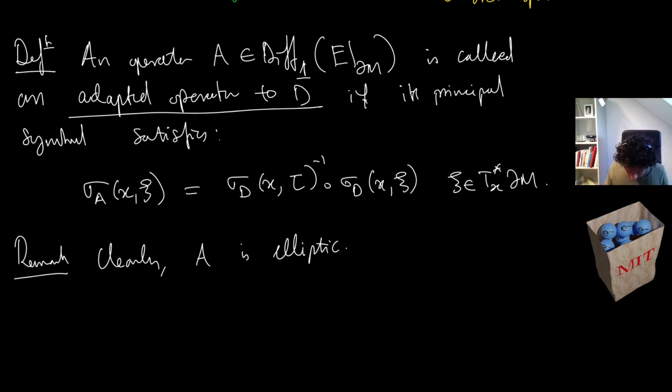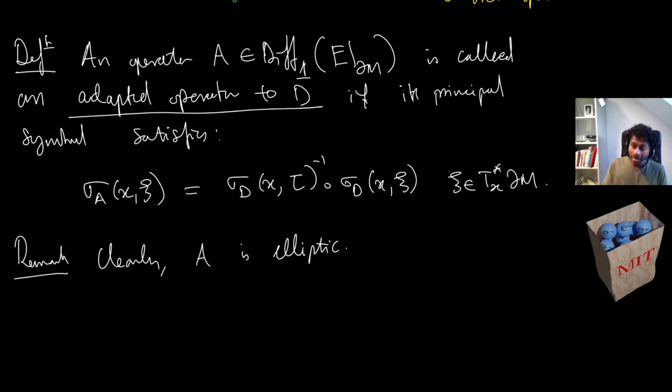So remember the picture that I told you, that what we would really like to be able to do is to understand a more complicated operator in terms of a simpler operator. And it would be even better if this simpler operator is somehow constructed from boundary data alone. So that's the picture that we have. We have an operator on the boundary satisfying a certain condition, which induces an operator on this cylindrical part to the interior.